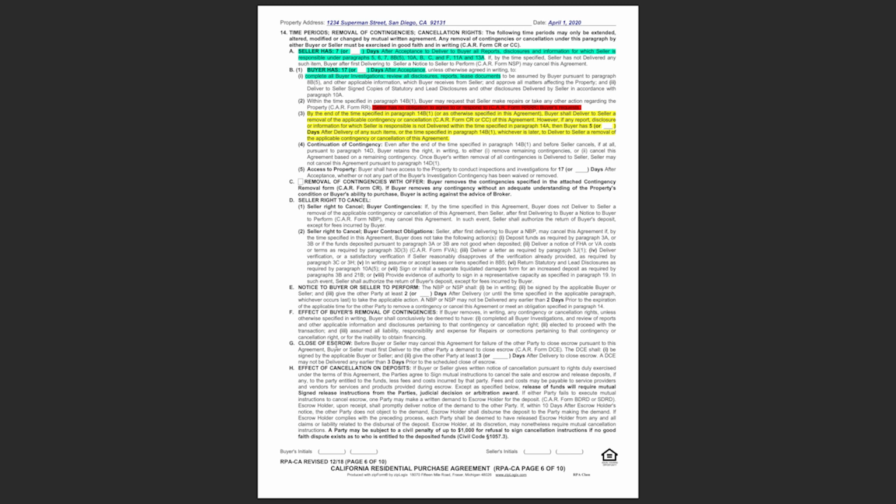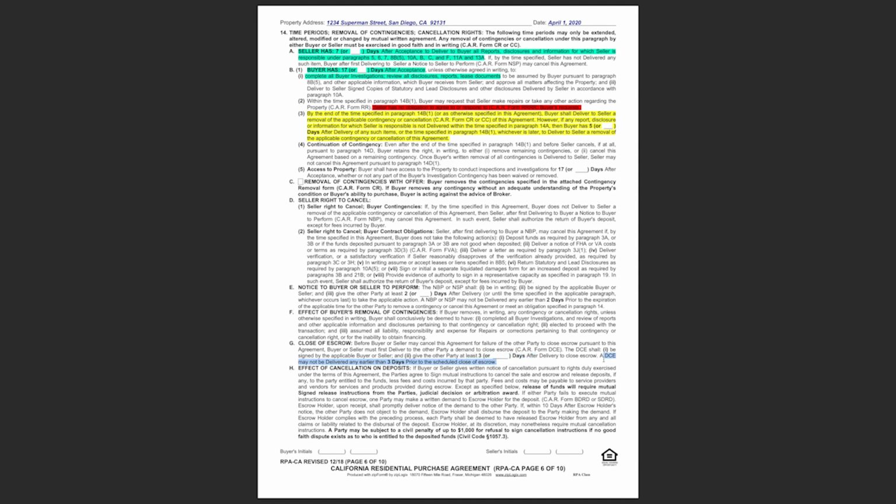So item number G right here, you're going to see under close of escrow that before the buyer or a seller is able to cancel an agreement for failure for the other party to contractually act, they must send a demand to close escrow first. The demand to close escrow may not be delivered any earlier than 3 days prior to the regularly scheduled close of escrow date.